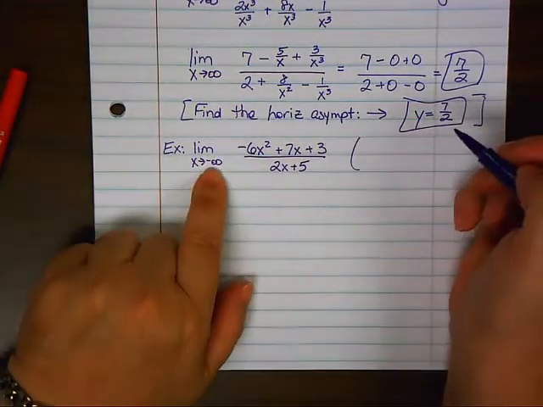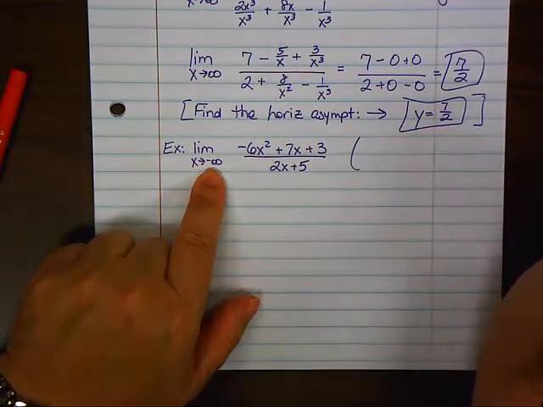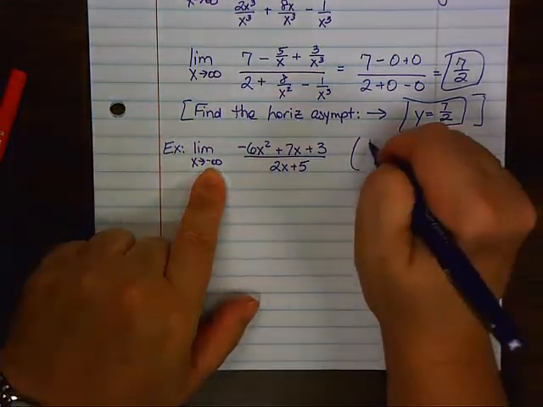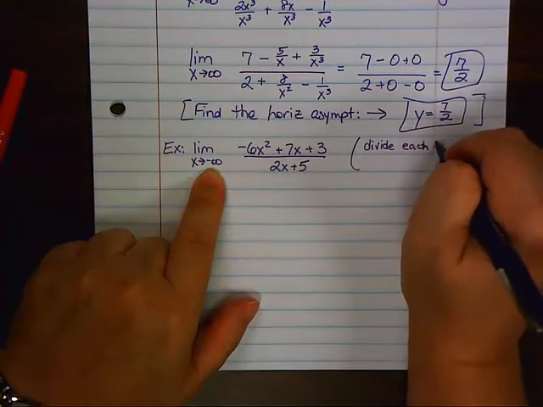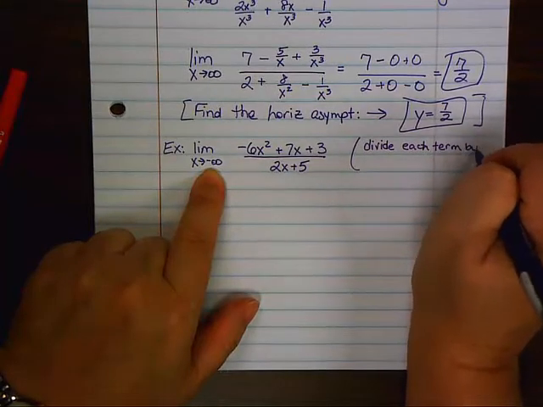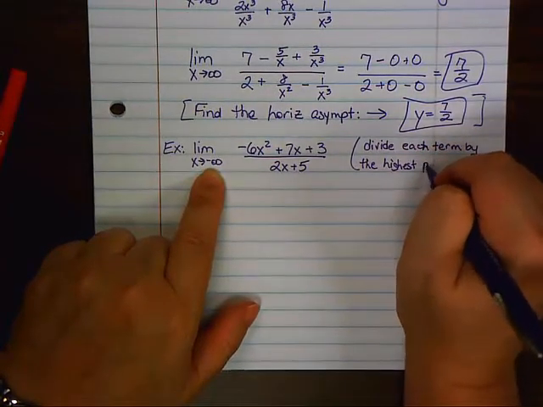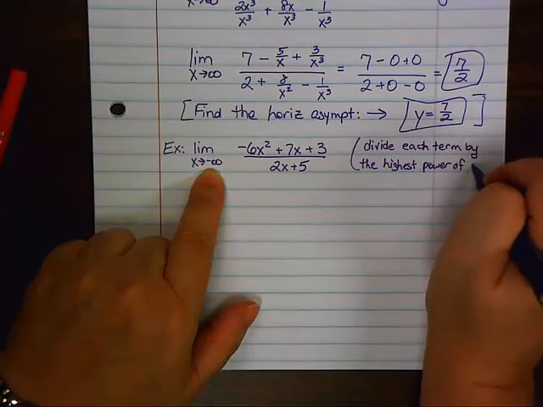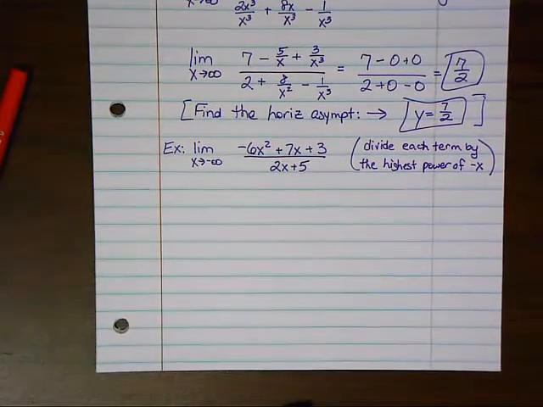When this is approaching negative infinity, you have to make one slight little change at the beginning, and that's pretty much it. You are going to divide each term by the highest power of negative x. The highest power of negative x.